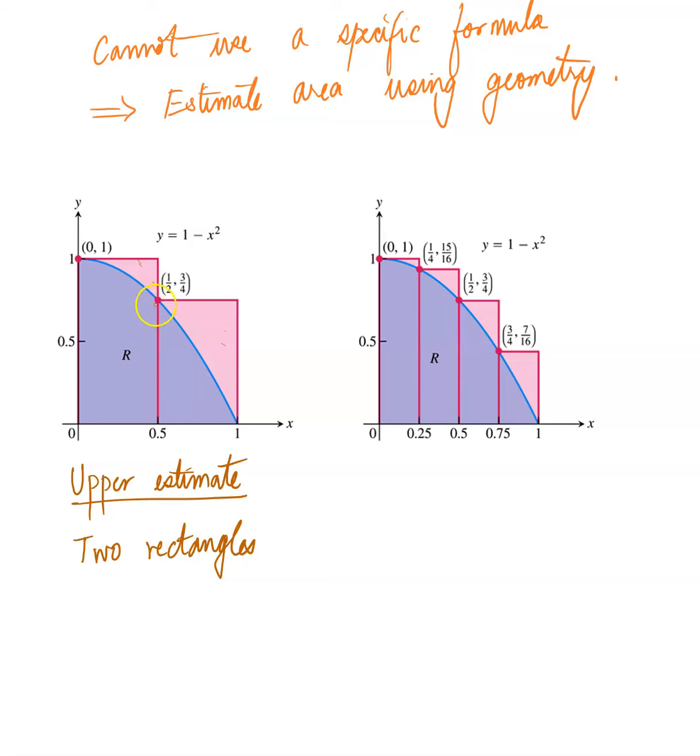And the way we construct these rectangles is, you can actually see that we were kind of looking at the left end point, right? Where the curve meets the end of the rectangle. So the curve meets here, and then you build the rectangle. And then on the rectangle where the curve crosses, you start the next rectangle. This also is an upper estimate, but this is where we have 4 rectangles.